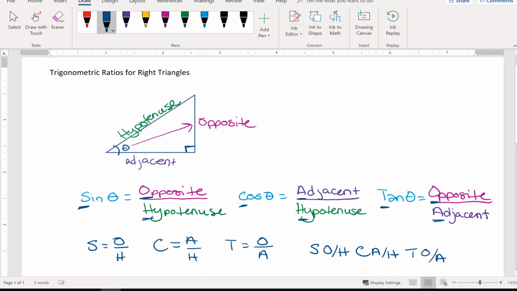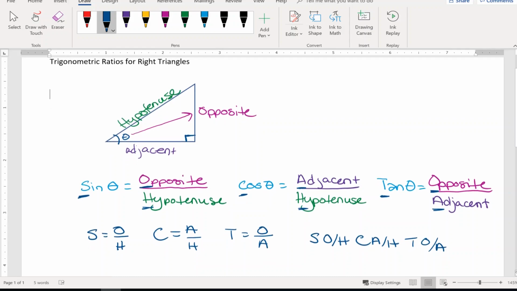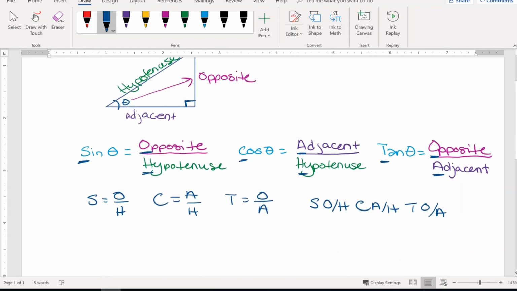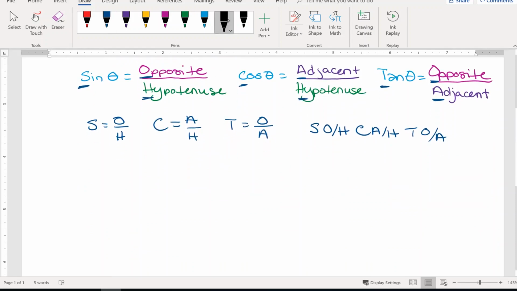Let's look at a couple examples now of using this. So, for example, if we have a right angle triangle, I'll draw one here. And let's suppose that this angle here is 35 degrees.